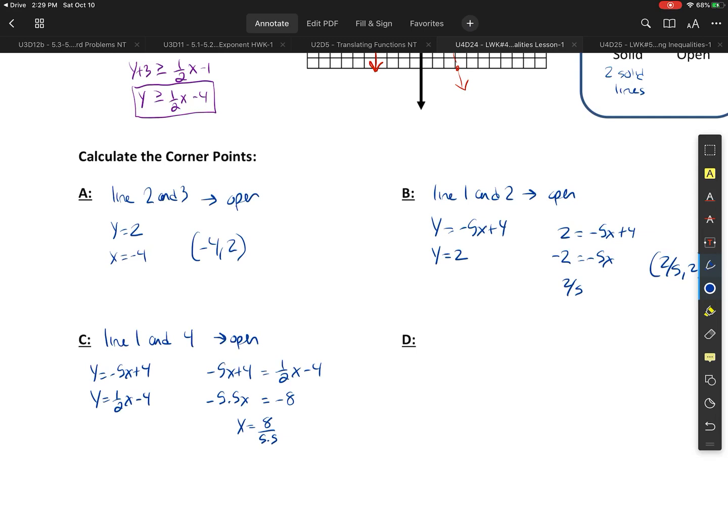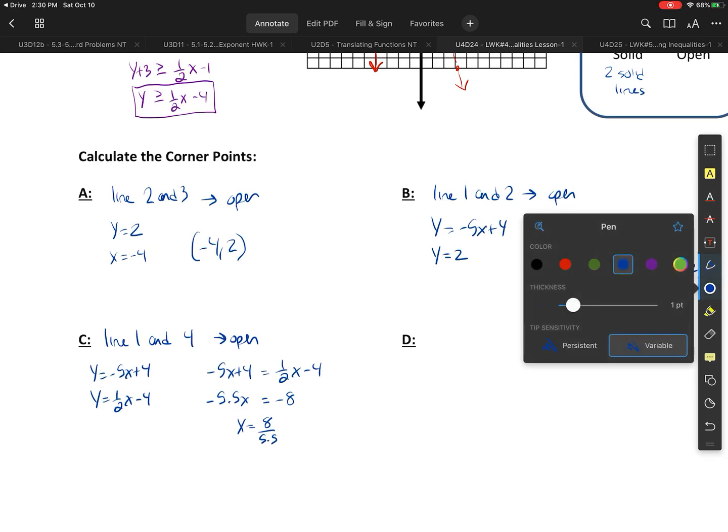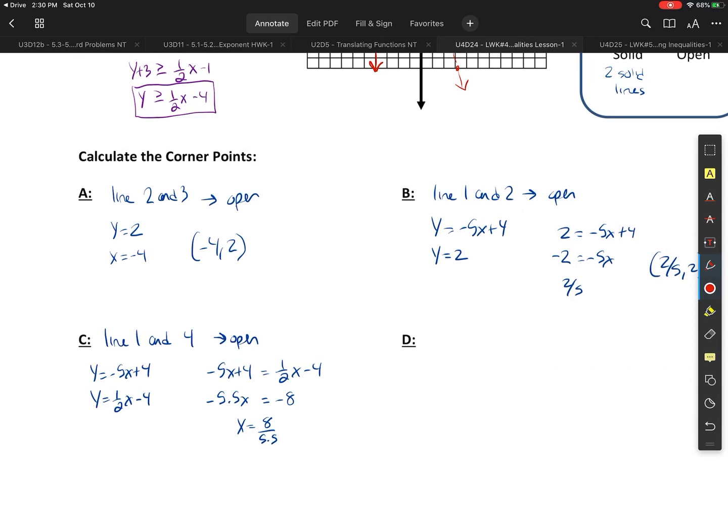Now, I left this like this for a moment just because I want to talk about this. People get hung up on things with decimals in a fraction. You don't want decimals in a fraction. How can we clear this out? Well, if you have 0.5, if we multiply the bottom and the top by 2, it gives us an equivalent fraction that has no decimals. So 16 over 11, that's our x value in this problem.